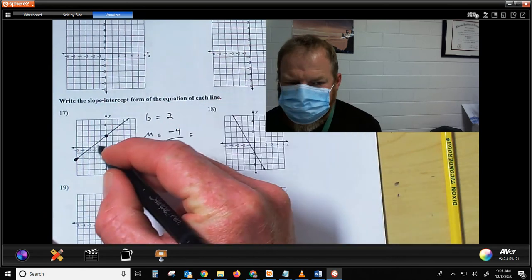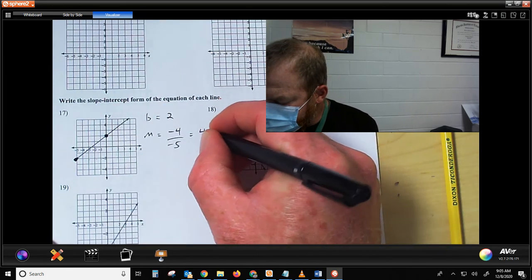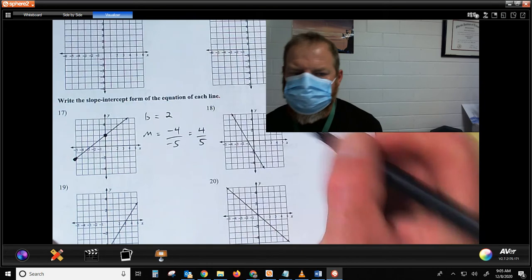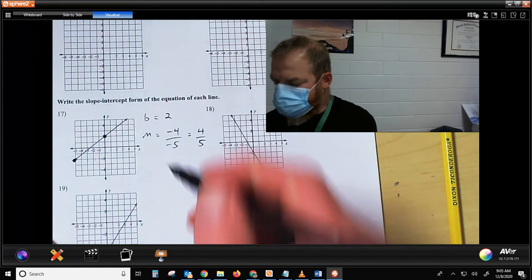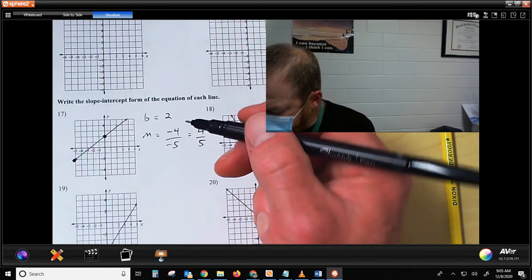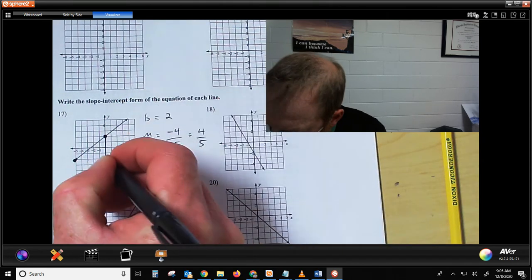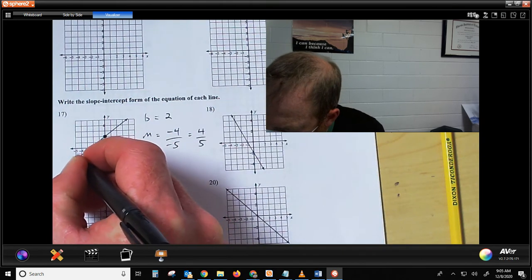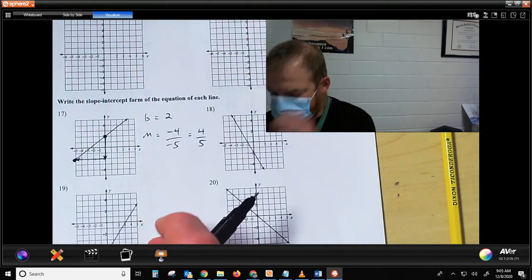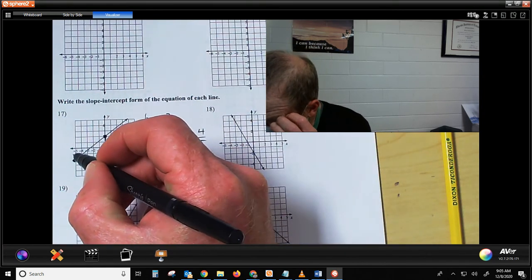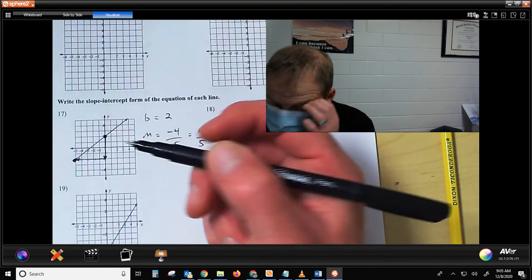It's rising from left to right. This is a slope of 4 over 5. Negative 4 divided by negative 5. I'm using the sign of what I went down, that's a negative, and left is a negative. Same slope as going up 4 and over 5.